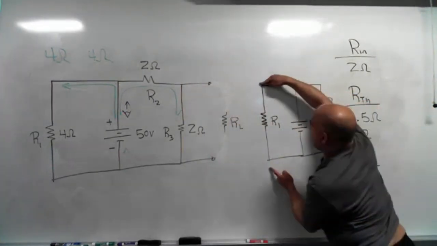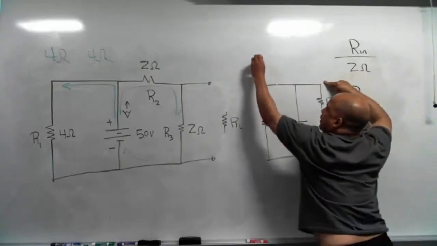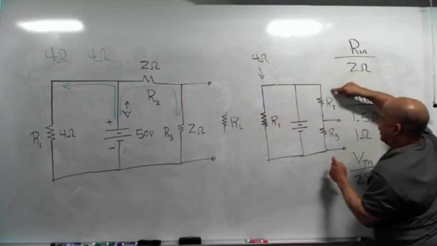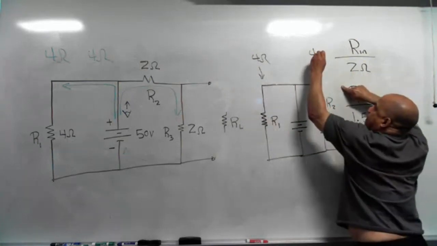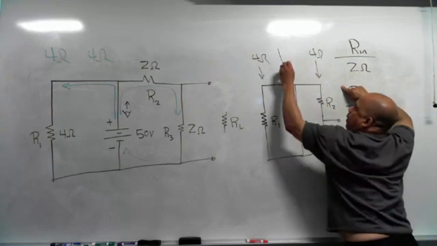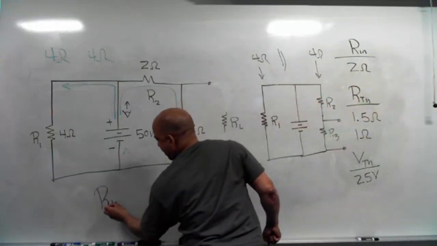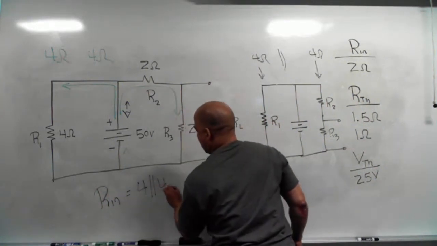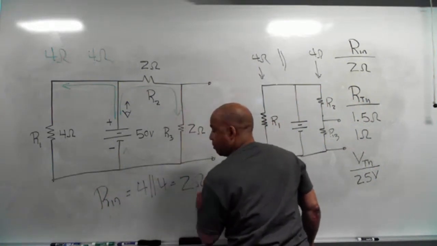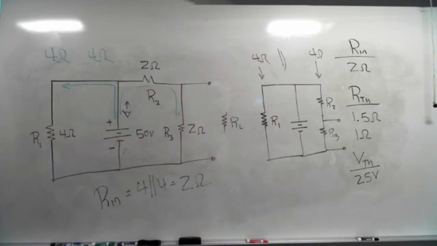So I got this branch in parallel with this branch. There's 4 ohms in this branch, and these 2 add together. There's 4 ohms in that branch, and those 2 4s are in parallel. So my R in is 4 in parallel with 4, which is 2 ohms. My input resistance is 2 ohms.